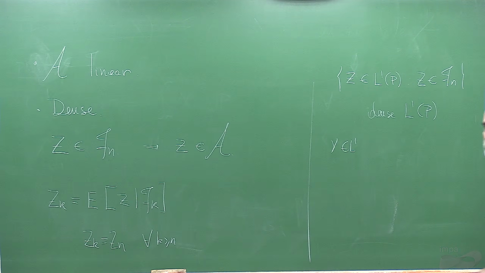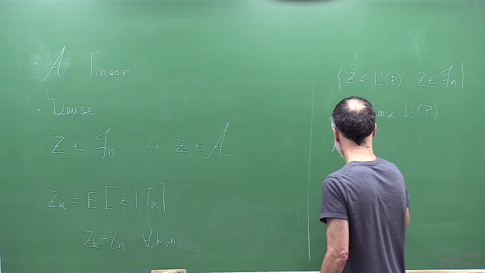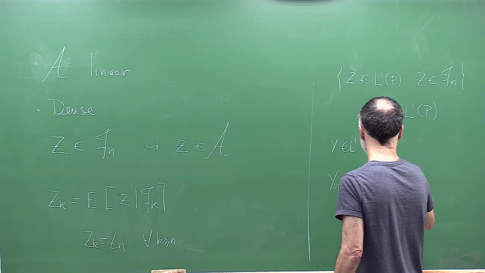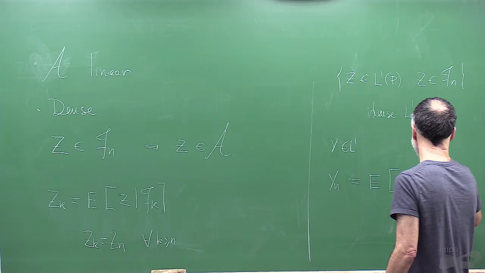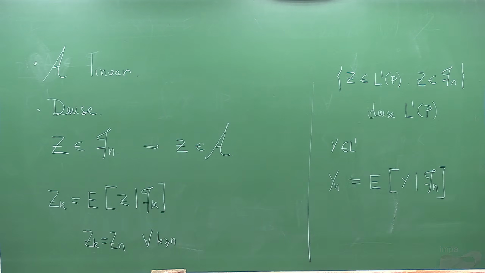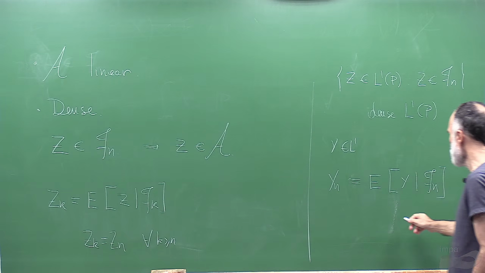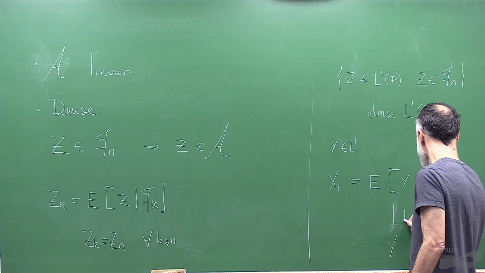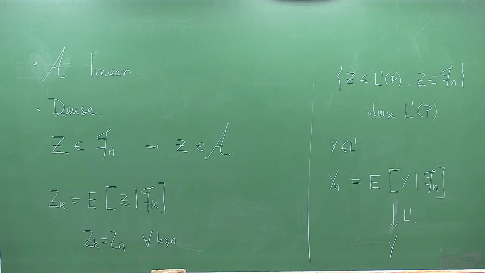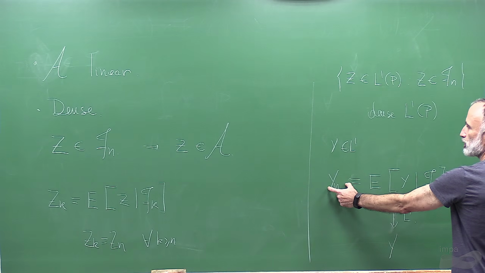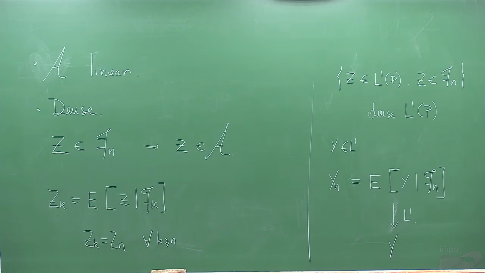I just take the martingale defined by Y, so Yn equal to the conditional expectation of Y given Fn. We proved that this converges to Y in L1, and therefore the set is dense because I found a sequence which is converging in L1. So this proves the second property: A is indeed dense.